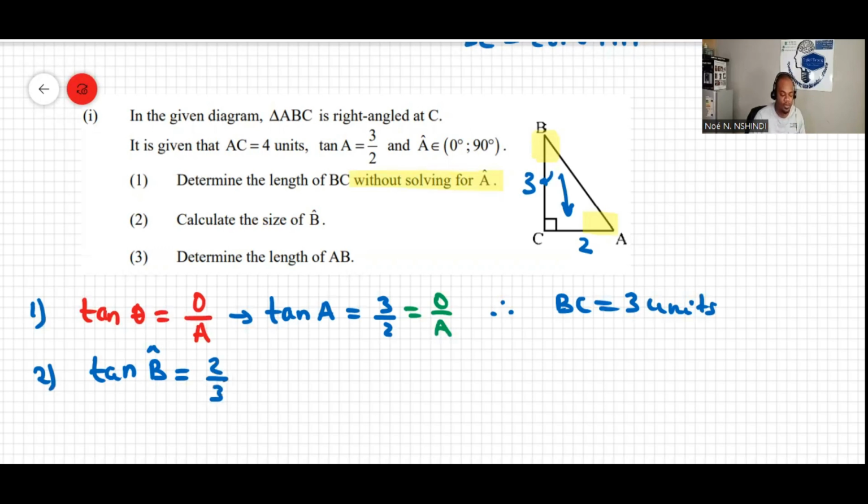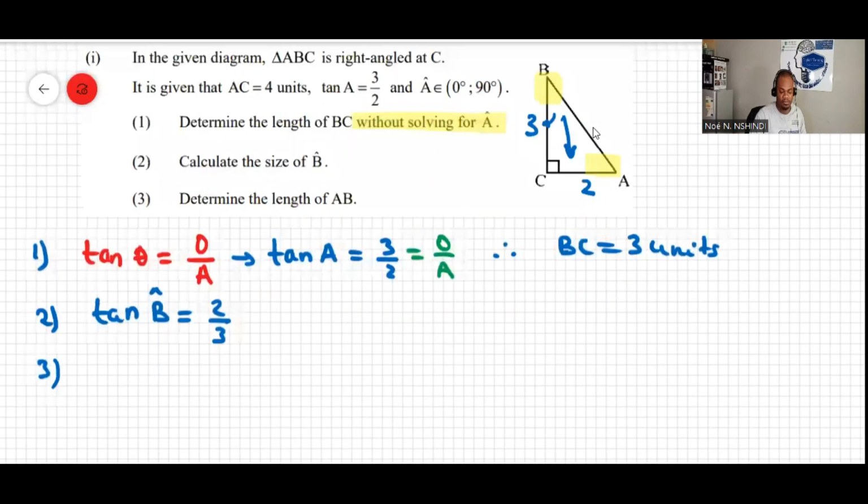Simple as that. Okay, question 3 says: determine the length of AB. AB is the longer side of this triangle, meaning the hypotenuse.